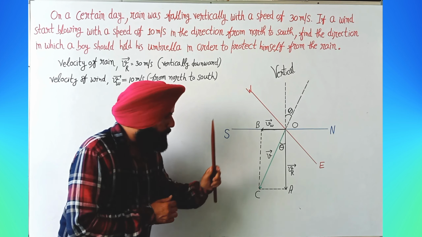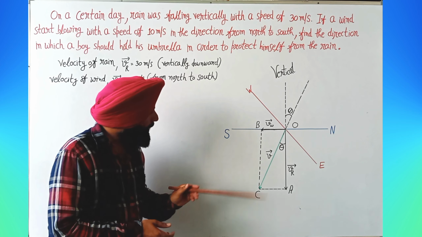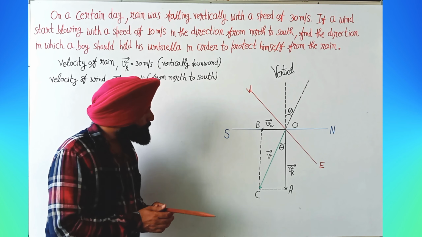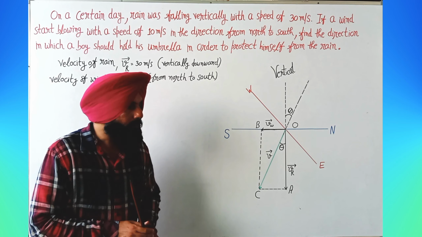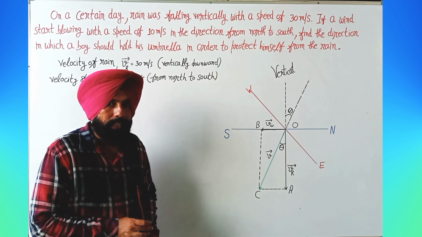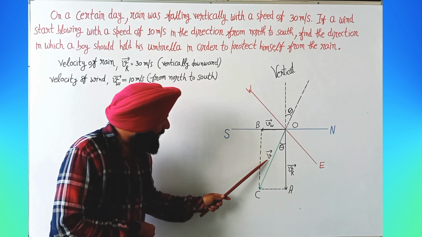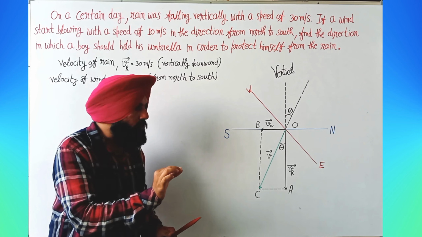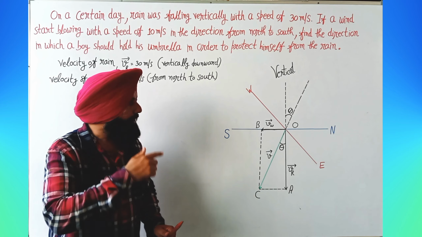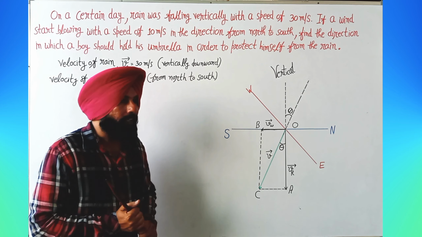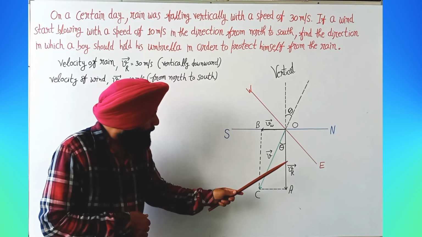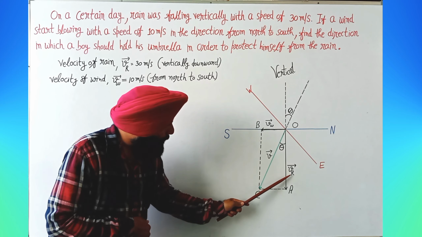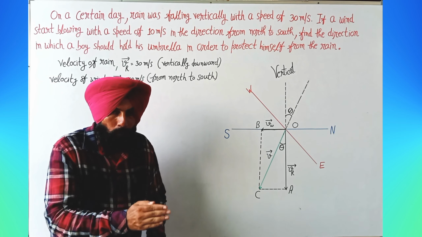Complete the parallelogram. Now this green line, the diagonal OC, represents the resultant vector of the velocity of rain. VR represents the velocity of rain vertically downward.